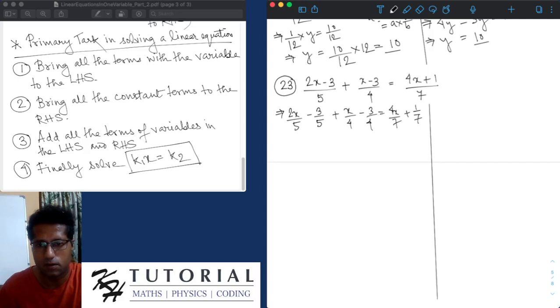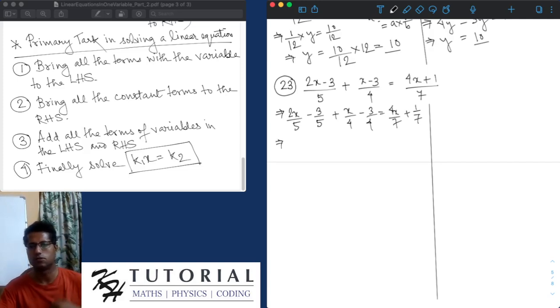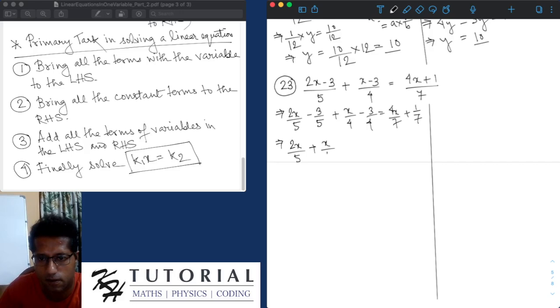Now I will bring all the variable terms to the left hand side and all the constant terms to the right hand side. So it becomes 2x by 5 plus x by 4 minus 4x by 7 equals 1 by 7 plus 3 by 5 plus 3 by 4.